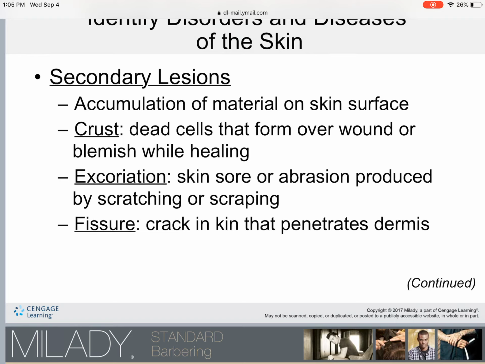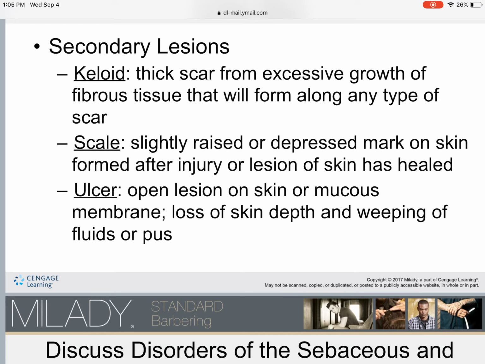Keloid, a thick scar resulting from excessive growth of fibrous tissue that will form along any type of scar for people susceptible to these. Scale, a thin, dry or oily plate of epidermal flakes. Examples are excessive dandruff or psoriasis.